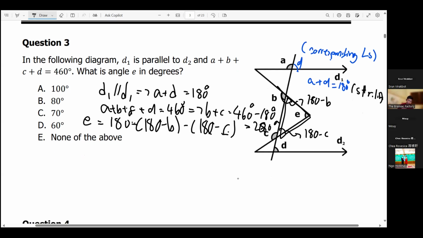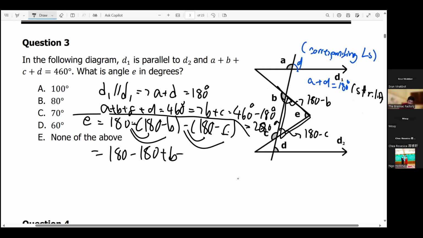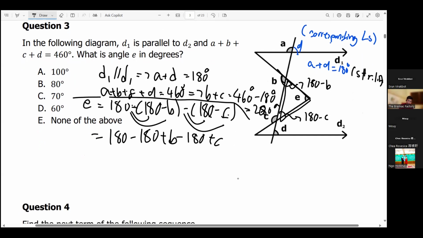And from this expression, you can multiply the negative signs in. So you'll get 180 minus 180 plus B minus 180 plus C. This 180 will cancel each other, which you'll get B plus C minus 180. But from above, you can find that B plus C equals to 280. So we got 280 minus 180, which is 100 degrees.